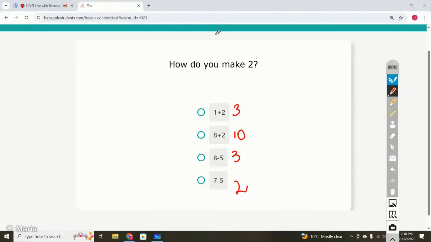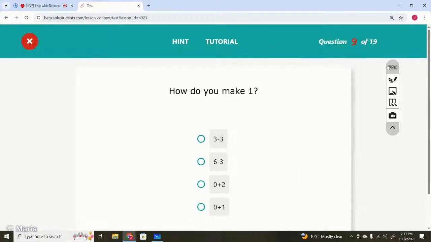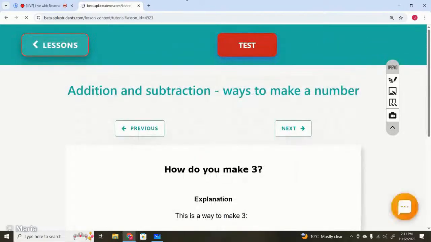So which option makes 2? The correct option is option number 4, that is 7 minus 5. Okay, you can complete the lesson by yourself later today. Let me move on to the next lesson.